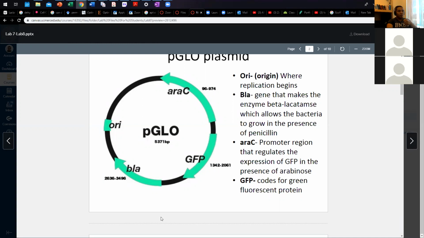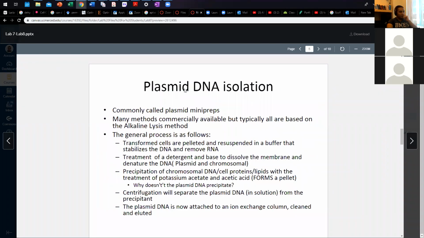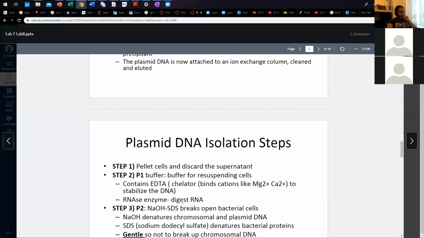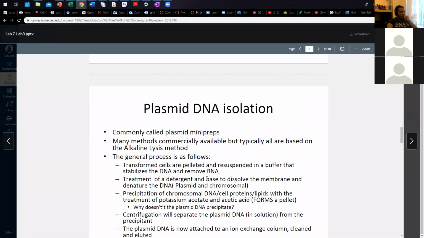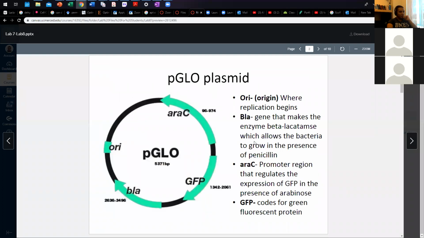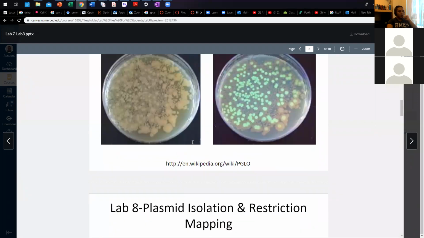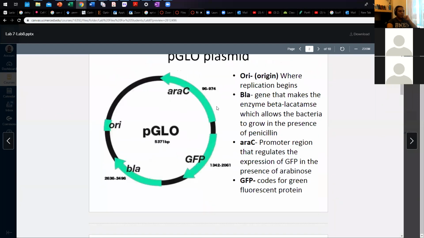The scissors that cut the plasmid are a specific type of enzyme, called restriction enzymes. We're going to figure out using the gel exactly where these restriction enzymes cut.